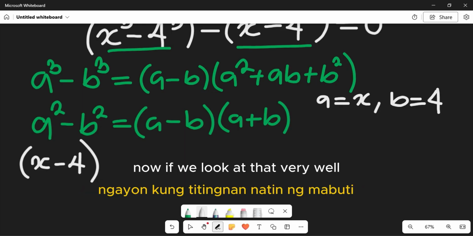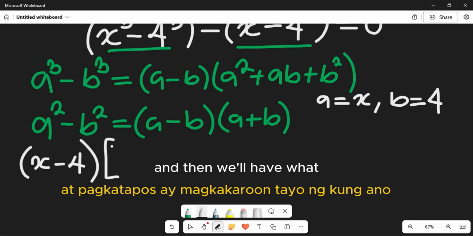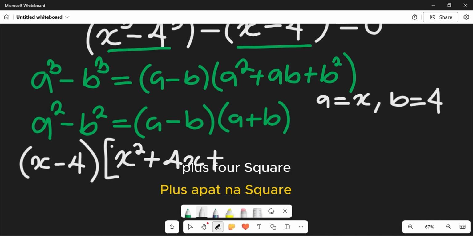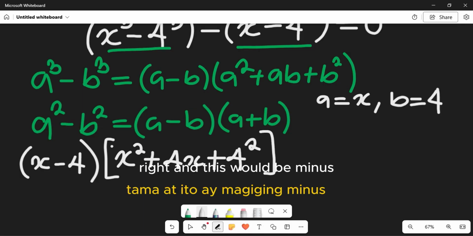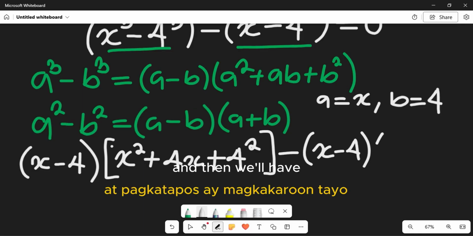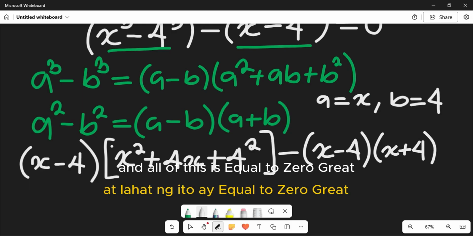Now, if we look at that very well, this whole expression gives us x minus 4 times x squared plus 4x plus 4 square, and this would be minus x minus 4 times x plus 4, and all of this is equal to 0.